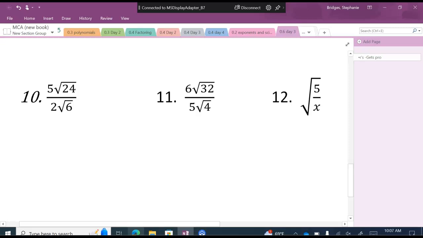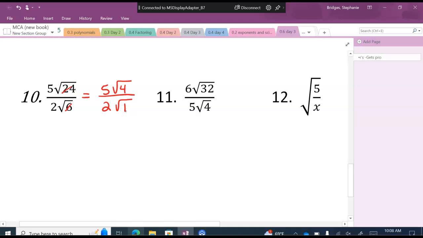So let's start with the first two. Do 5 and 2, the ones outside of the radical, have anything in common? All right, so I'm going to leave those alone. But let's look at the two that are under the radical. Do 24 and 6 both divide by the same thing? What can they divide by? 6. So that is going to turn into the square root of 4, right? And then the bottom is going to turn into the square root of 1.